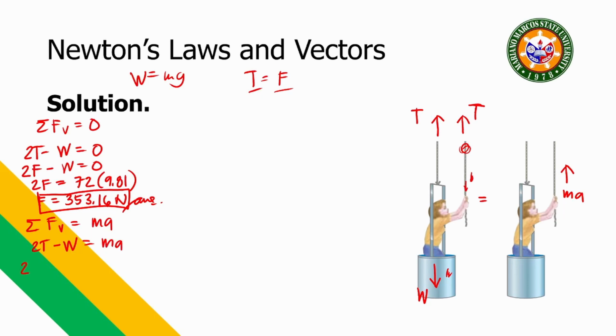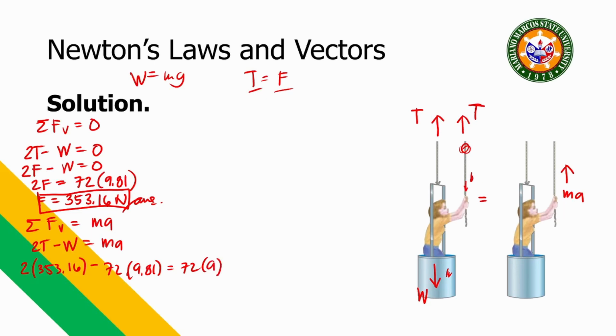So, let us substitute. 2T, our T is 353.16, minus W, which is mass multiplied by gravity, so 72 multiplied by 9.81, is equal to 72 multiplied by the acceleration of the window washer.